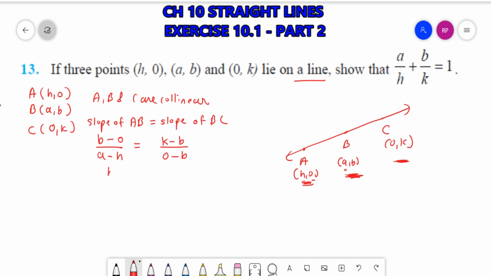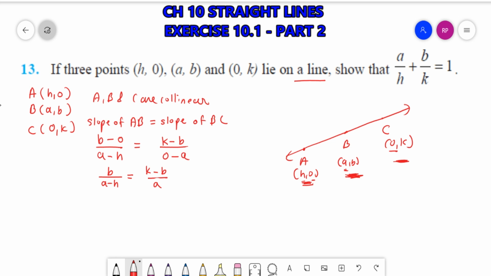So this will be b upon a minus h equal to k minus b upon minus a. Sorry, it's not b, it's a here, we are making a mistake. It's 0 minus a. So it's (k minus b) by minus a.